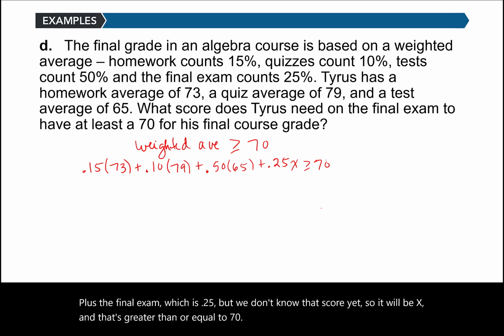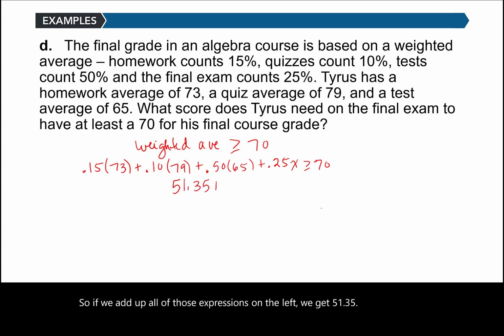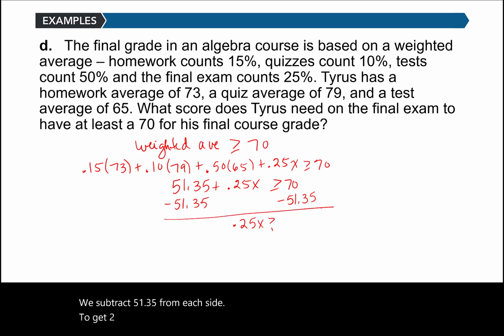If we use our calculator and add up all of these terms on the left, we get 51.35 + 0.25x ≥ 70. We subtract 51.35 from each side to get 0.25x ≥ 18.65.